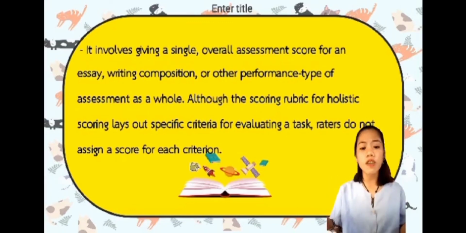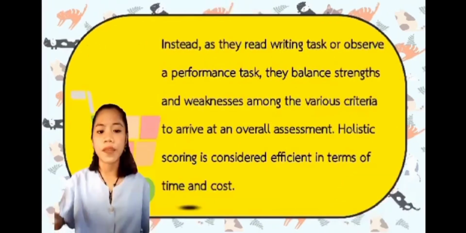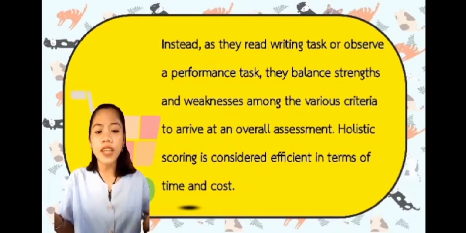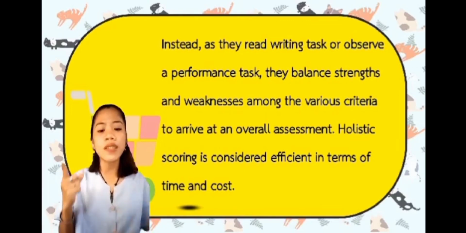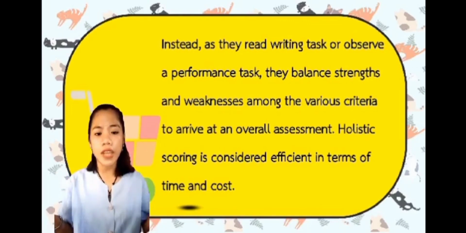Although the scoring rubric for holistic scoring lays out specific criteria for evaluating a task, raters do not assign a score for each criterion. Instead, as they read writing tasks or observe a performance task, they balance strengths and weaknesses among the various criteria to arrive at an overall assessment.